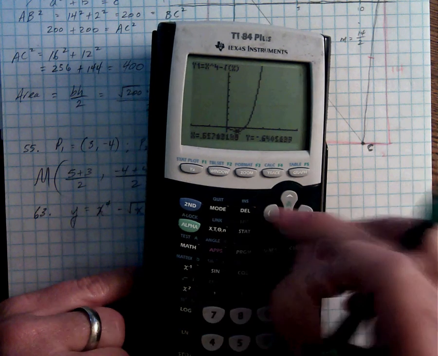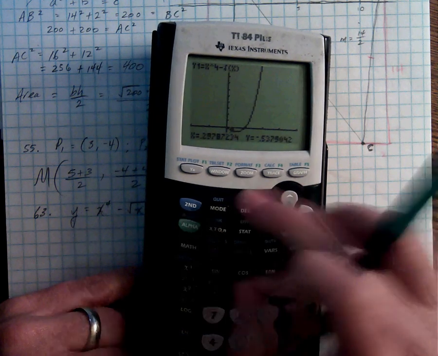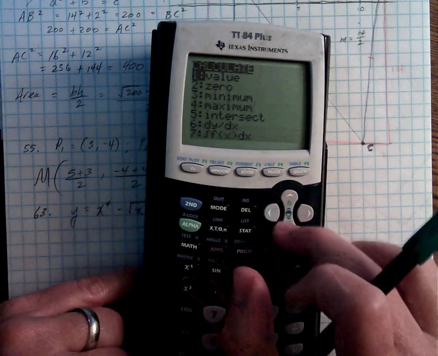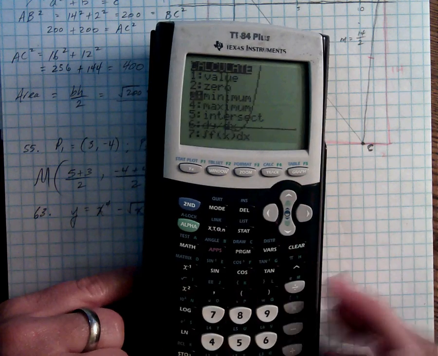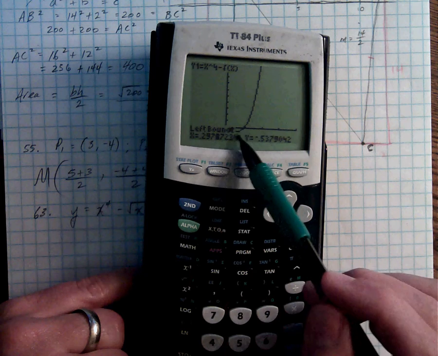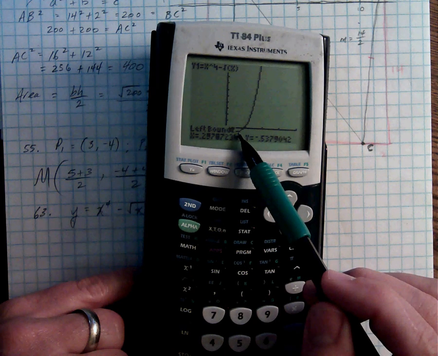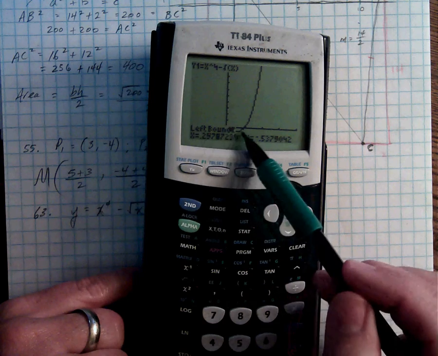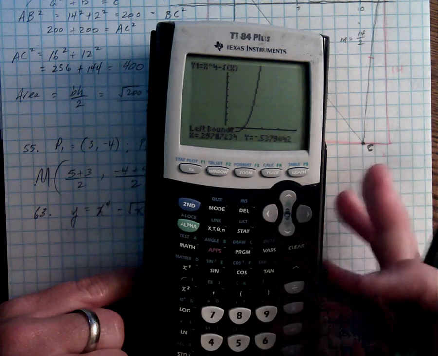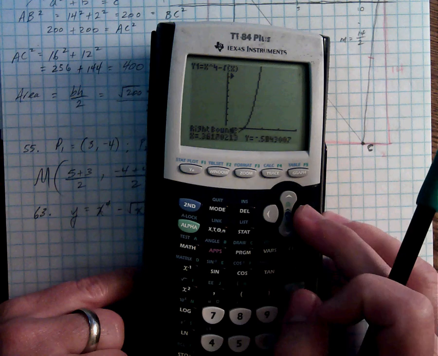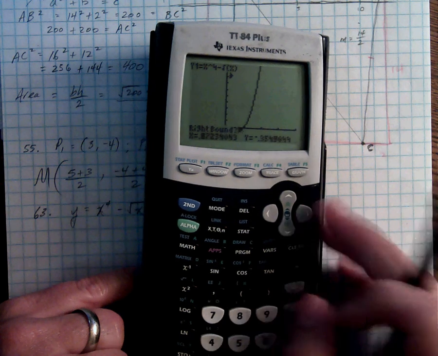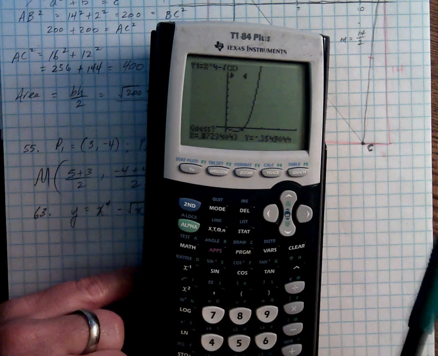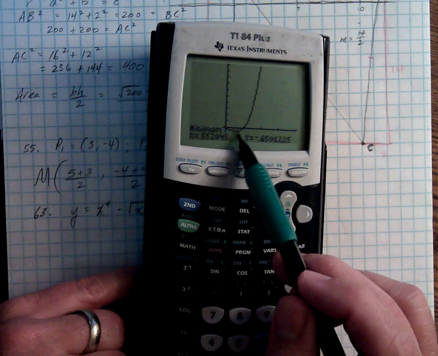You could actually find what the minimum is by going to second trace minimum, and then since you're looking for the bottom of that bowl right there, you want to go to the left bound, so you want to go over to the left side of the bowl, hit enter, then scroll over till you're on the right side of the bowl, enter, and then enter, and it should put me down at the minimum.